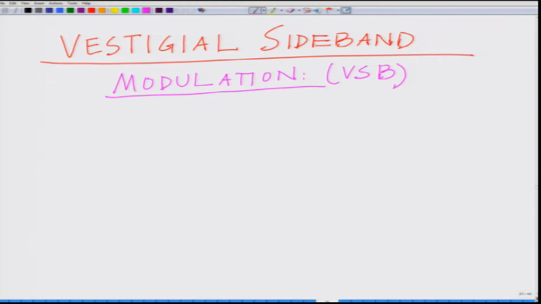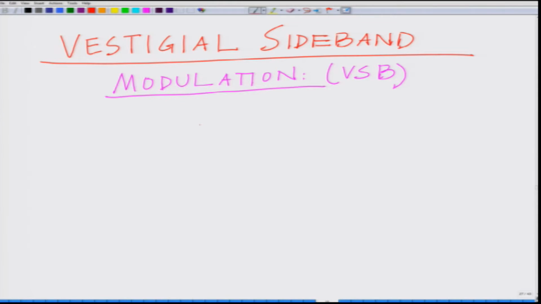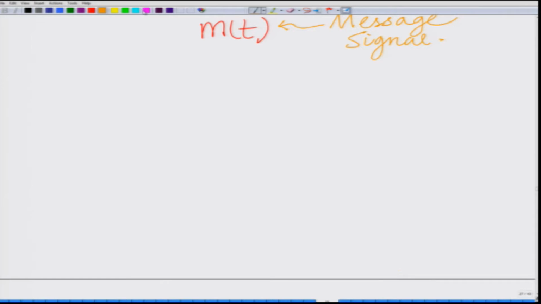And we have already seen the motivation for vestigial sideband modulation, and that can be expressed as follows. Let me just remind you again why we need vestigial sideband modulation. Let us consider a message signal m(t), which has the following spectrum.